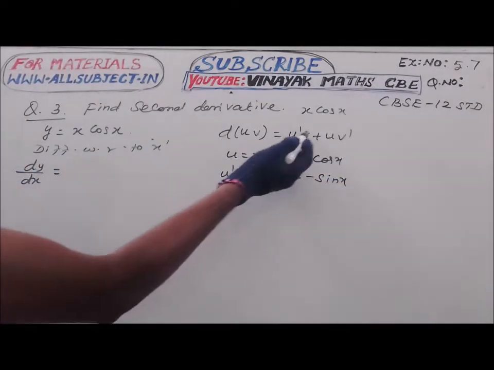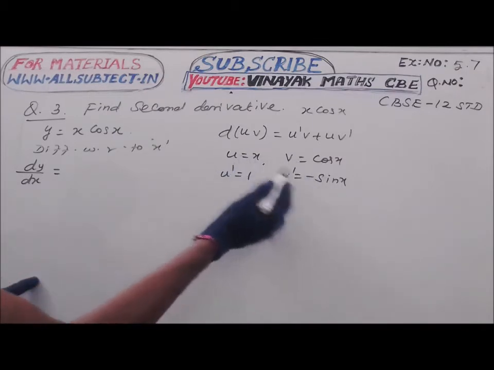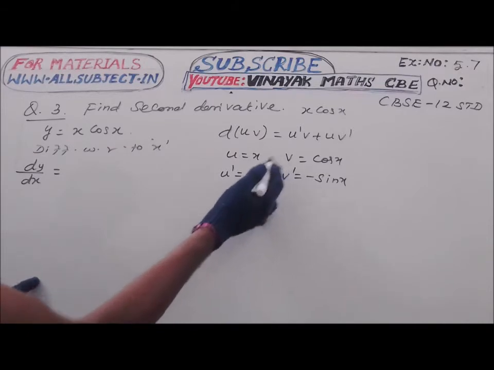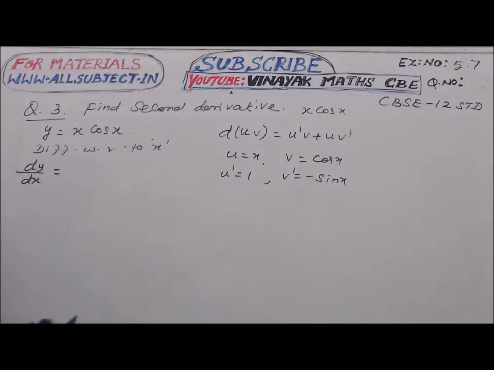By the formula u dash v plus u v dash, just cross multiply. You can write u v dash or u dash v in either order, since there is addition between them, we can interchange the terms, it will not affect your answer.